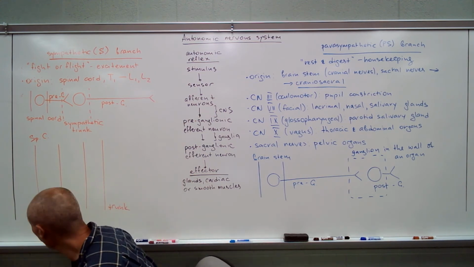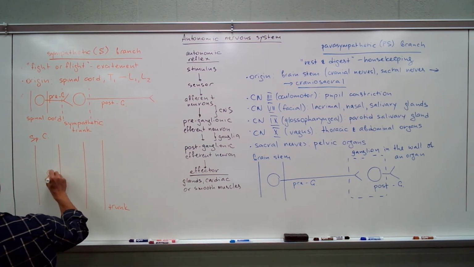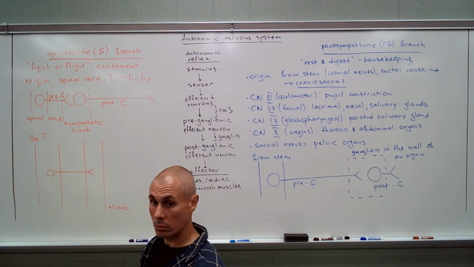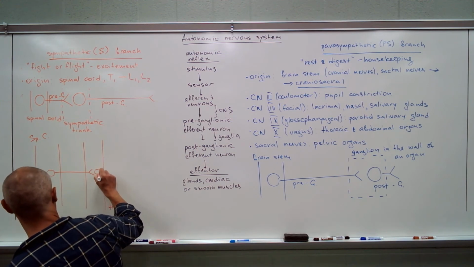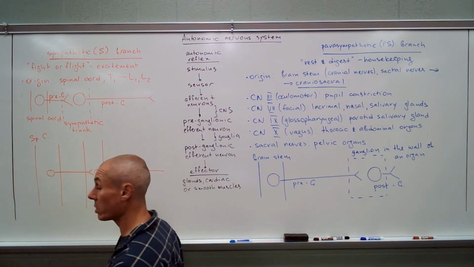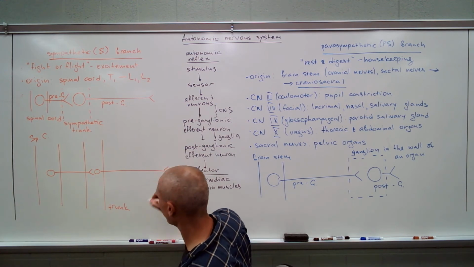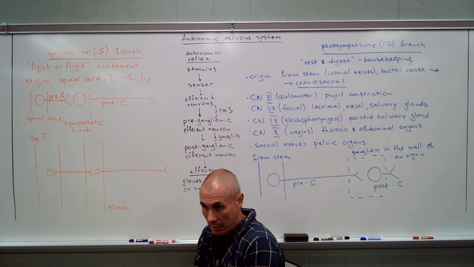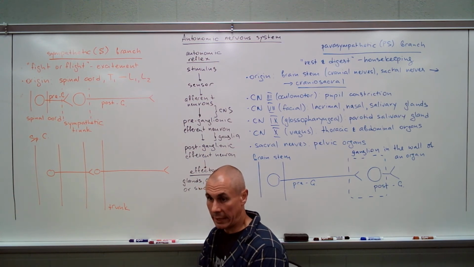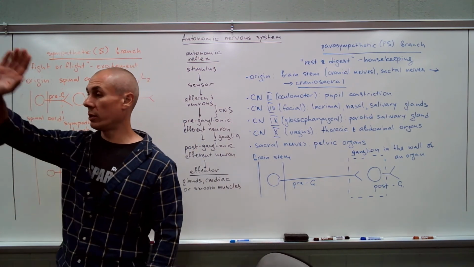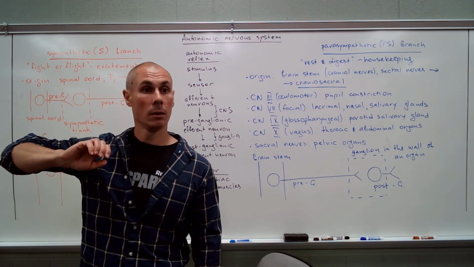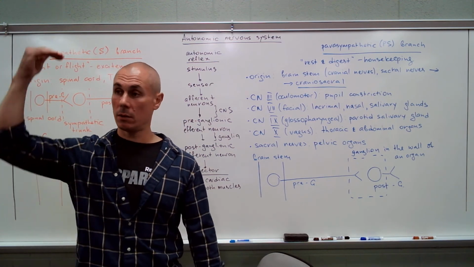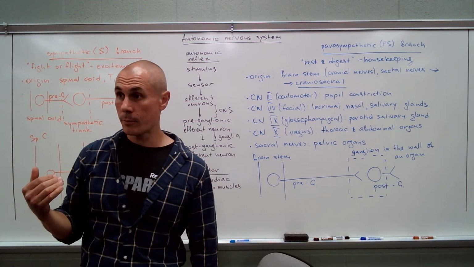So you have a preganglionic neuron right here, which reaches into the sympathetic trunk and synapses with its postganglionic counterpart at the same level. That's kind of like, I don't know, you walk through the B building hallway and you keep going into the C building hallway without changing the floor. Okay?